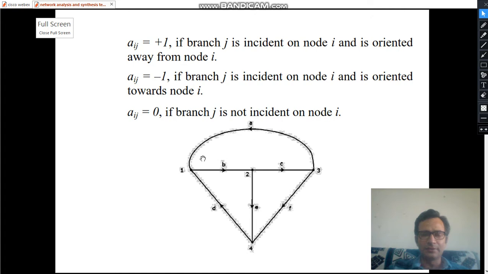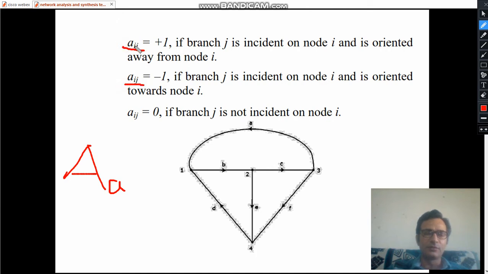So for example, elements a_ij. Suppose this is the network graph, and for this network graph we want to find out augmented incidence matrix. So augmented incidence matrix is A whose elements are a_ij, where i is row number, j is column number.